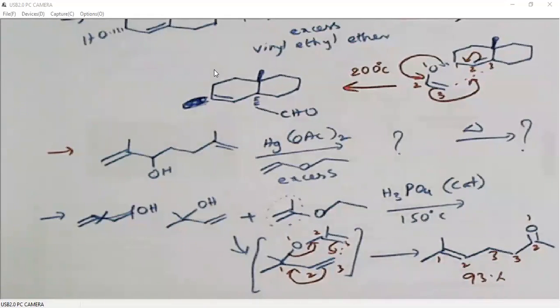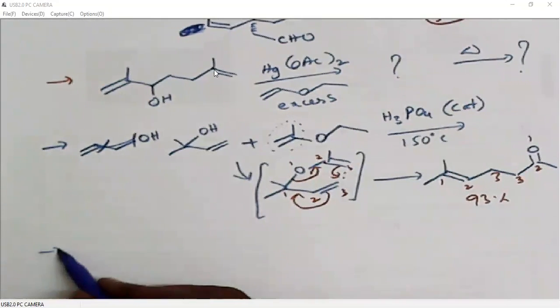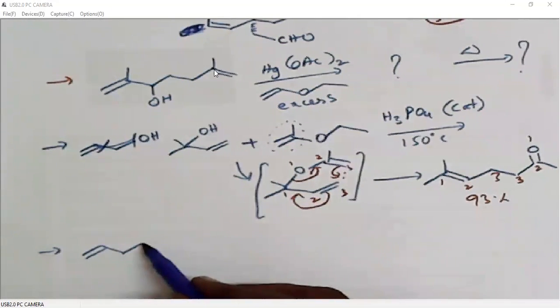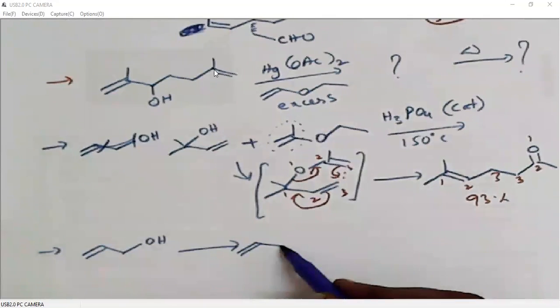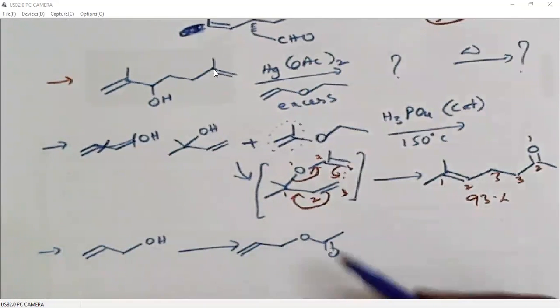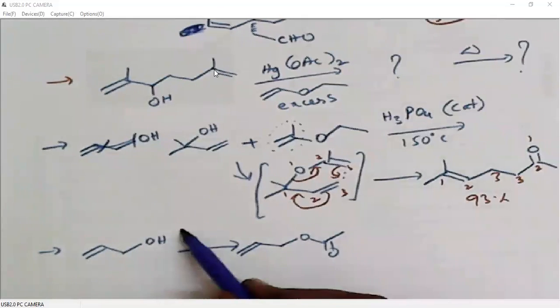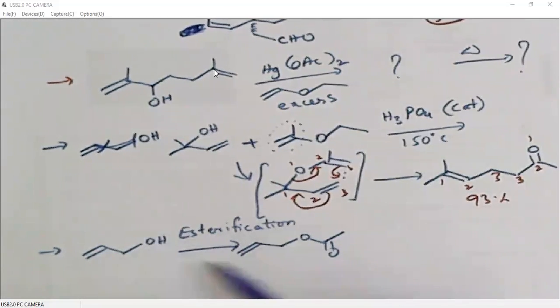Not only ketones, it is also possible to have carboxylic acids or carboxylic esters in a Claisen rearrangement. I'll give you an example for this. When allyl alcohol is used for esterification with acetic acid, it forms an ester, this is the ester.